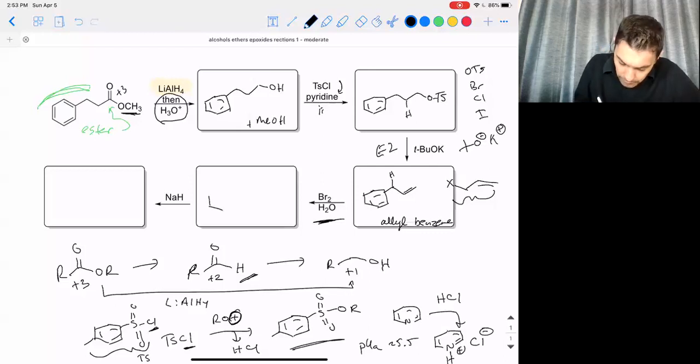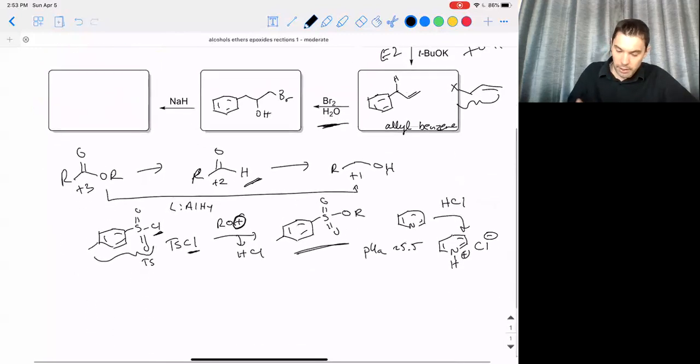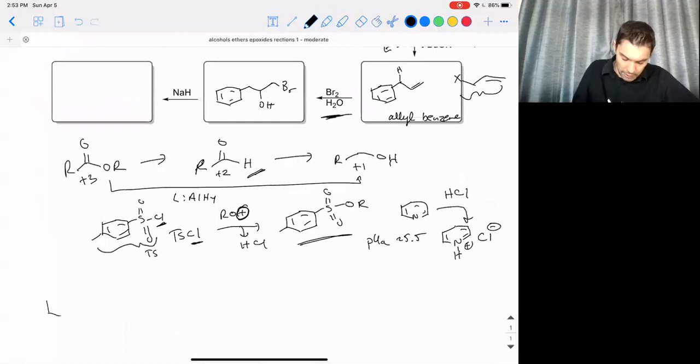So the product of that will be this hydroxybromide. And real quick, the way that we're going to get there is by taking our allylbenzene, and we're going to have bromine be attacked. And there's an additional arrow here that I always forget, because we're going to make 2 carbon-bromine bonds.